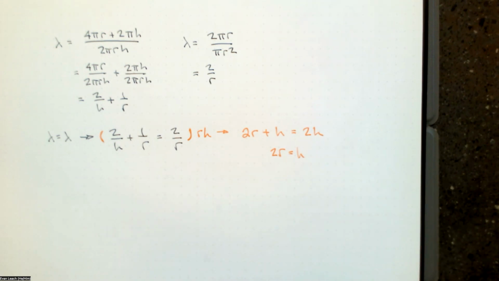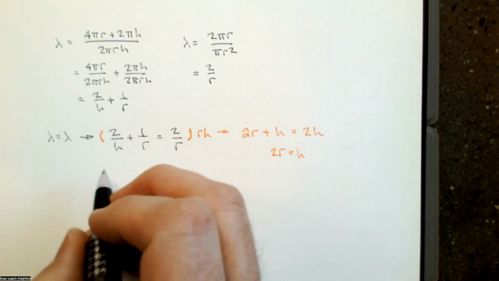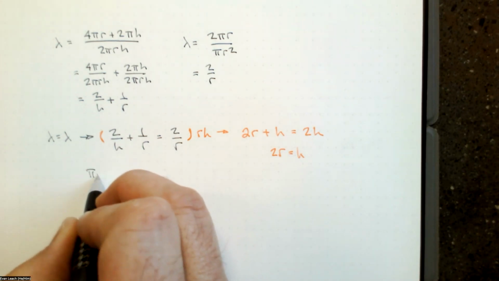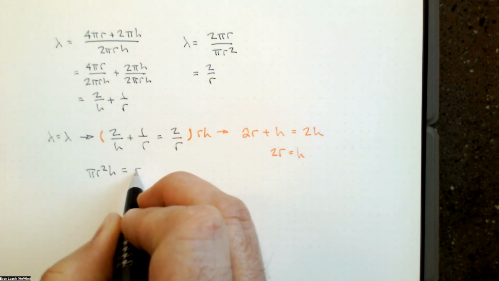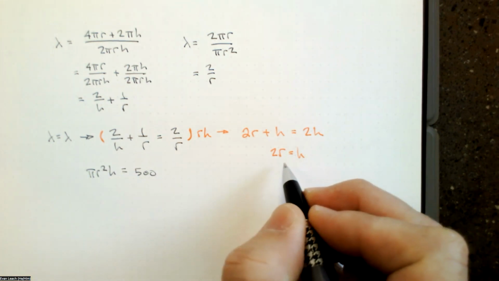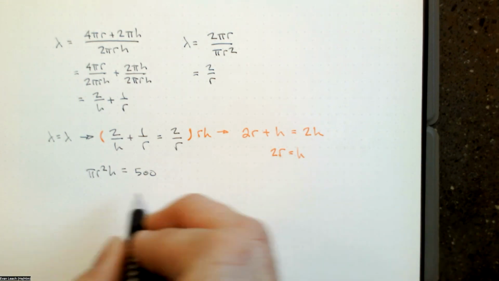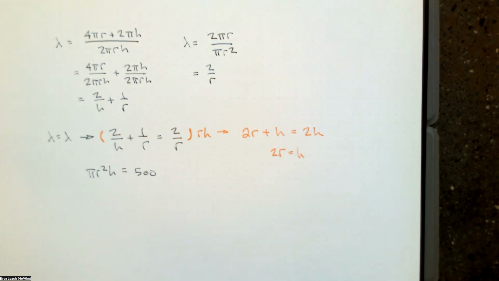So this matches what we had before. We could use this. Remember, the other equation that we have is our constraint, which said that pi r squared h is equal to 500. So if h is equal to 2r, I can use that to eliminate one of the variables.